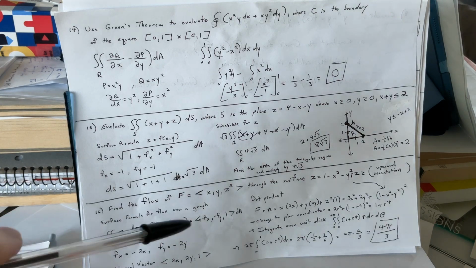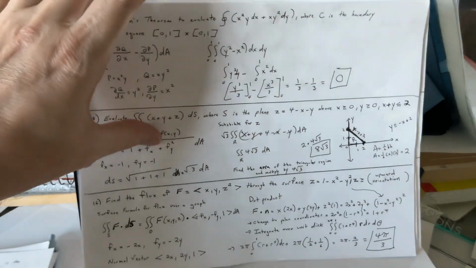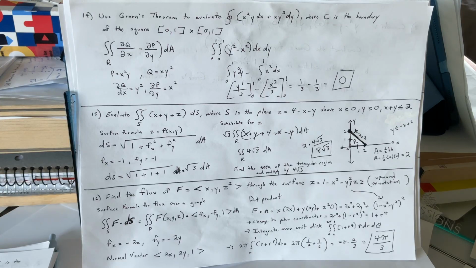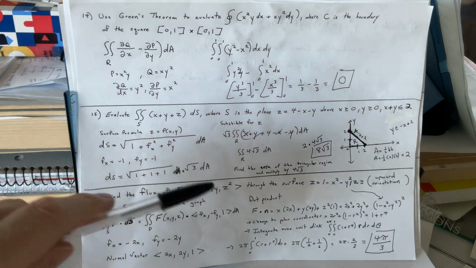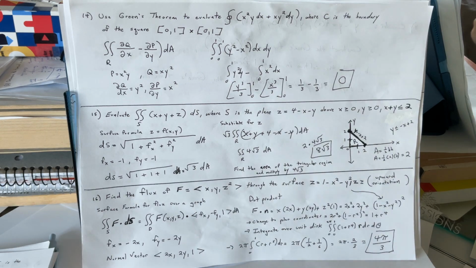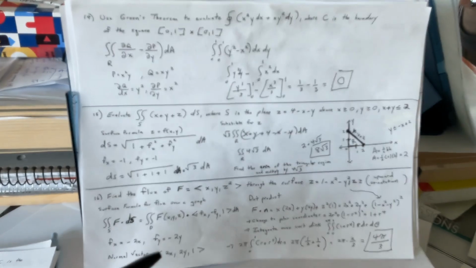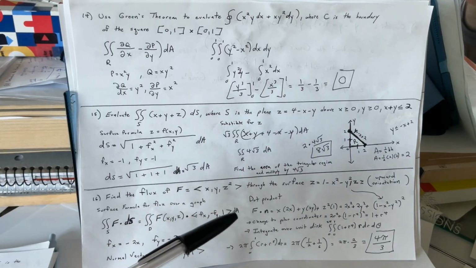So our normal vector here is going to be 2x, 2y, and then a 1 component. Don't forget the 1 for the z component. There's our normal. We're dotting this with the normal, then integrating.